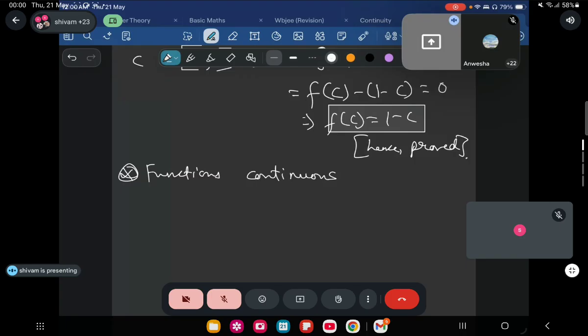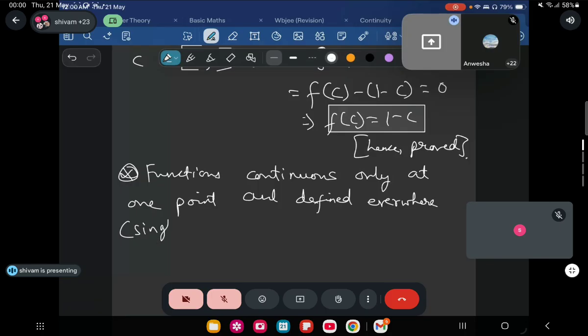Functions continuous only at one point, and defined everywhere. So the function is defined everywhere, but it is continuous only at one point. Okay, let us see, everyone. Or you can say single point continuity.